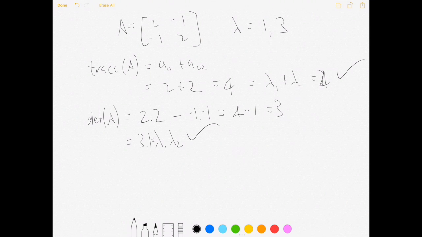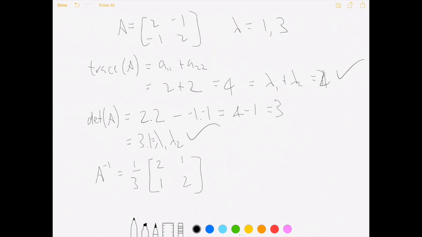The inverse of A, so it's just a 2 by 2 matrix, so A inverse looks like 1 over the determinant, so 1 over 3, then [2, 1; 1, 2].